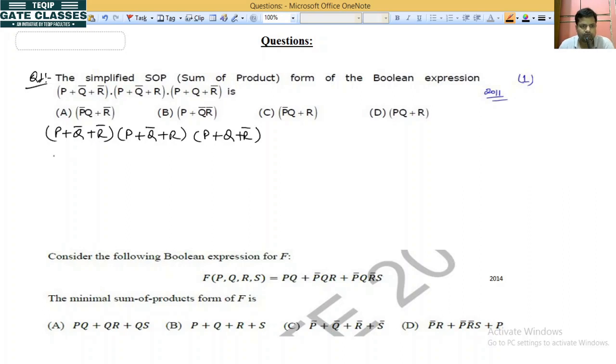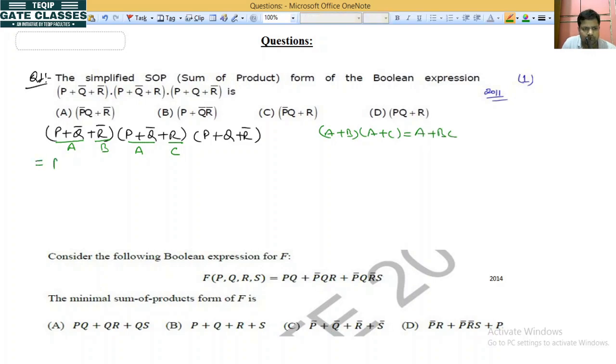If you see here, which formula of Boolean algebra can you apply? We have a, it is b, this is c. So a plus b, a plus c will be equal to a plus bc.